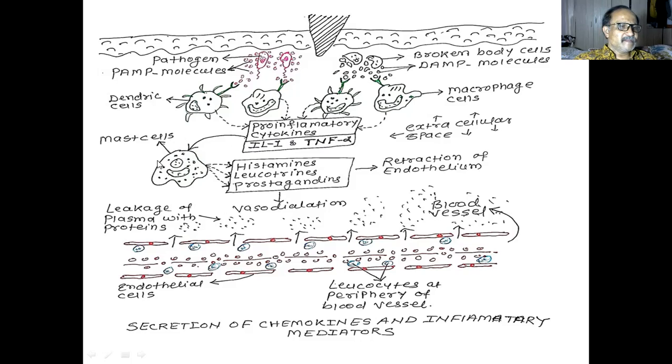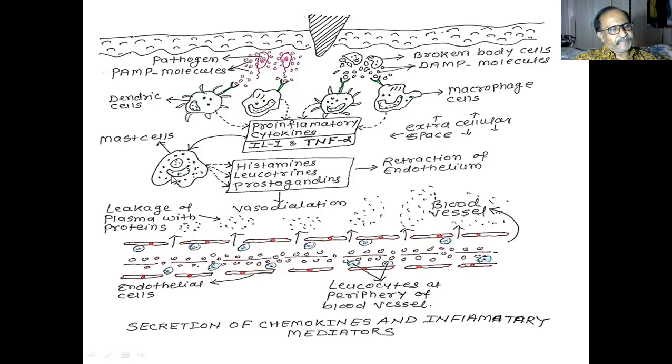These pro-inflammatory cytokines stimulate the mast cells present in the extracellular spaces. These mast cells get activated and secrete the inflammatory mediators like histamines, leukotrienes, and prostaglandins. These are called inflammatory mediators.